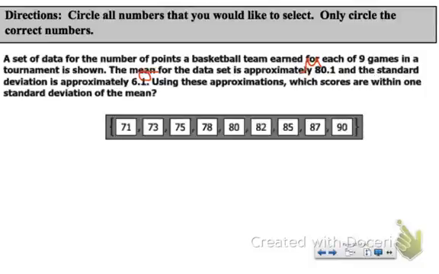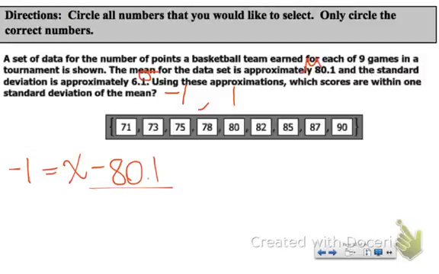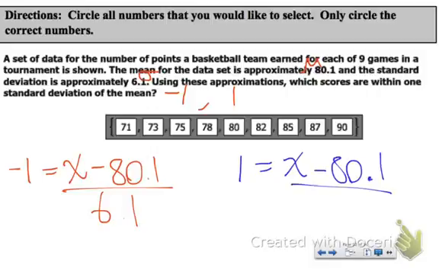Okay, so remember, within 1 means they might have a z-score of negative 1, or they might have a z-score of positive 1. So again, what I would do is set up 2 equations trying to find the cutoff point. And then for both sides, I'm just going to solve for x.